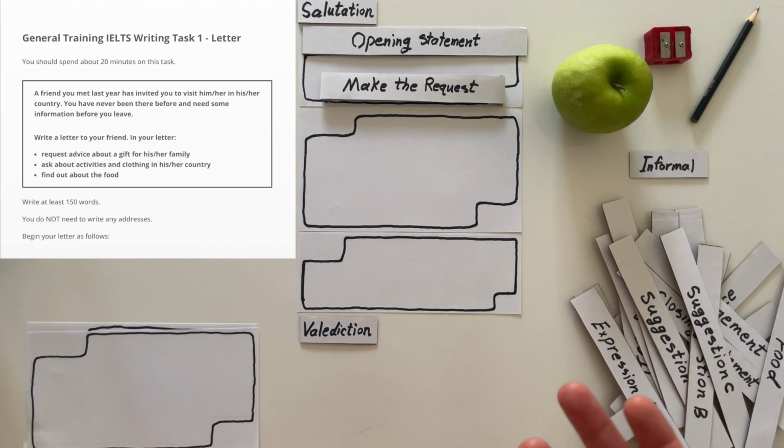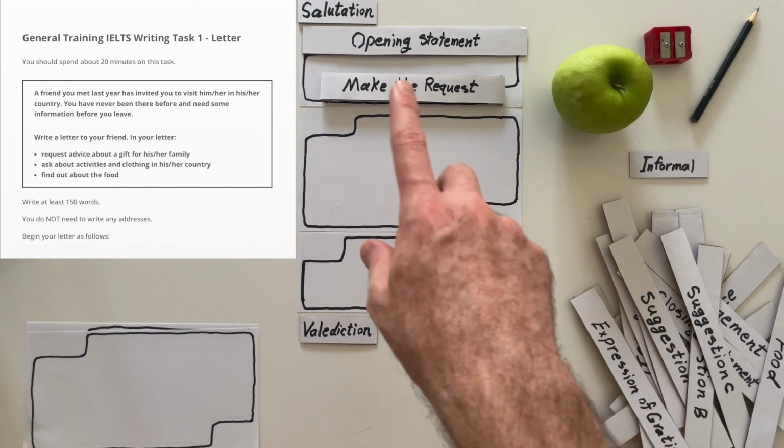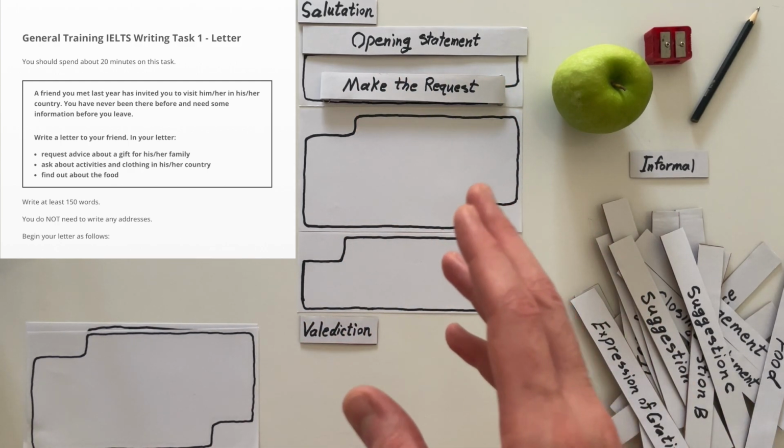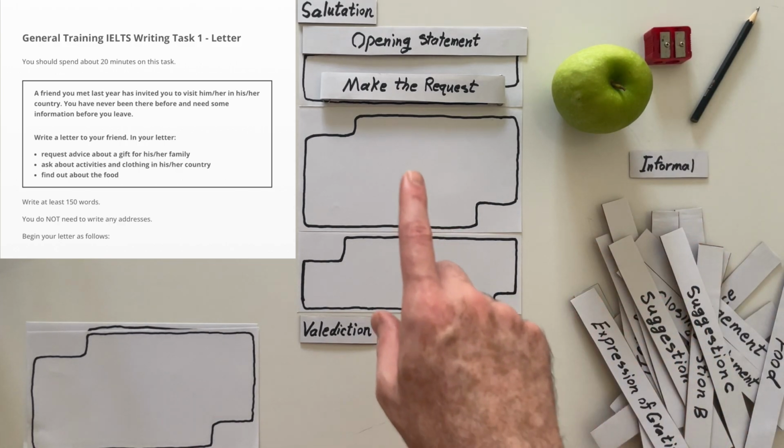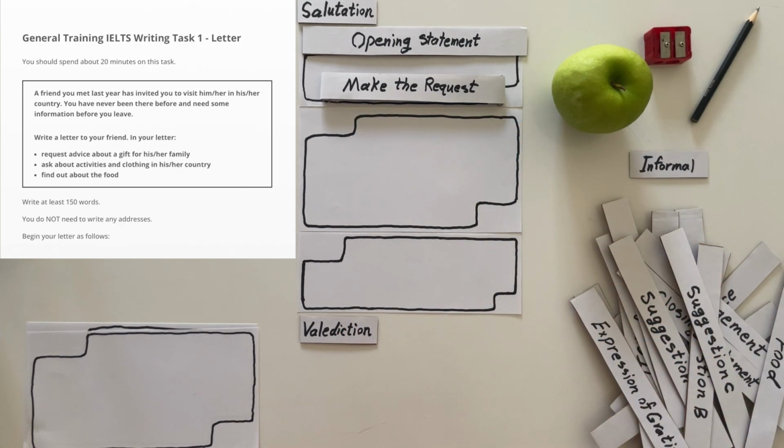After you gave her some information and told her that you're going to meet her at that time, and how you will meet and things like that, you immediately say, all right, but I really don't know what to bring.